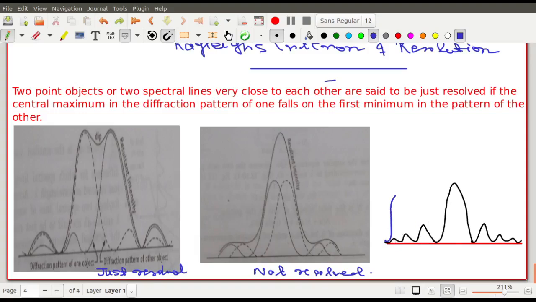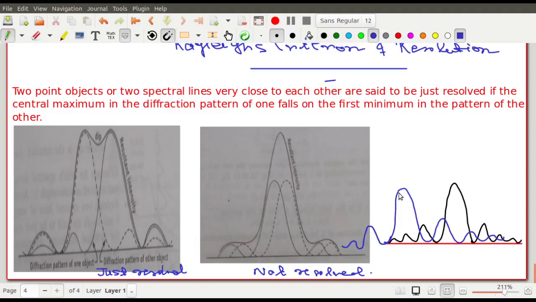The width is too much. I am not able to draw it correctly. Okay, this can be extended like this.